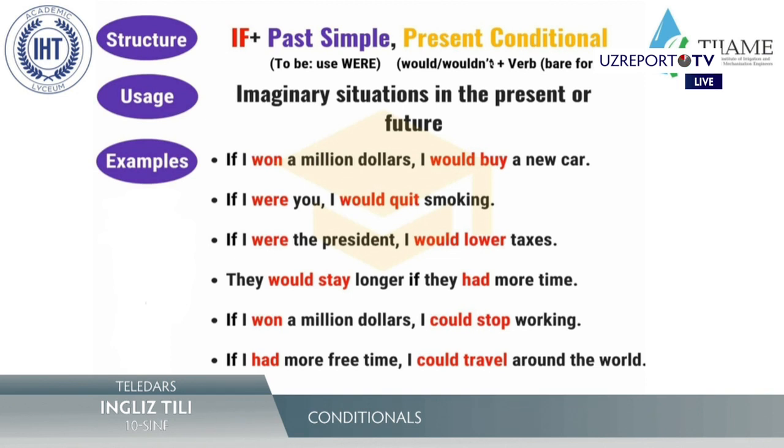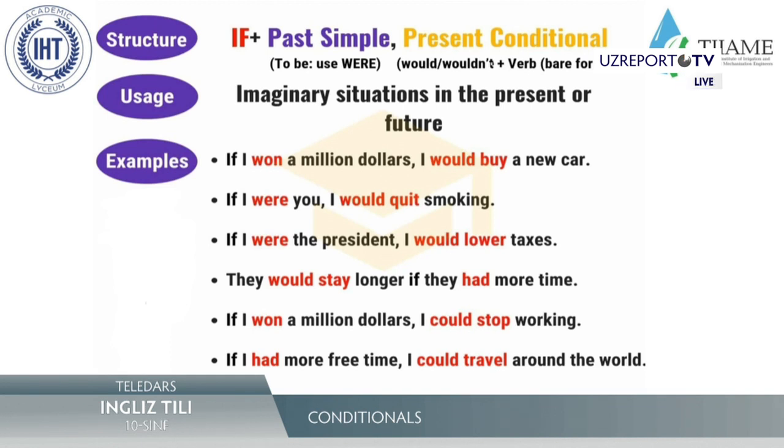Well, if I were the president, I would lower taxes. You are not, for example, president, and you may imagine your actions. Or they would stay longer if they had more time, but they have no time, so it is an imaginary situation again.